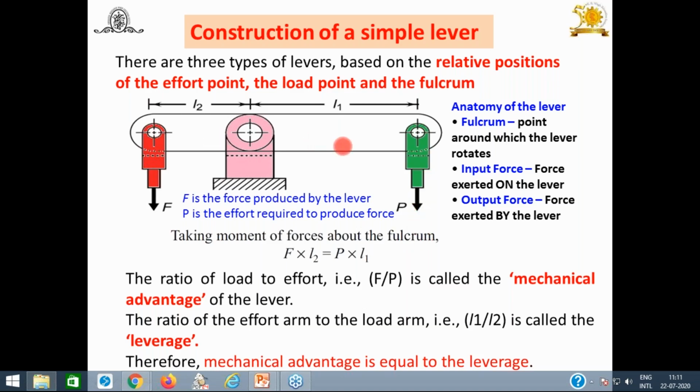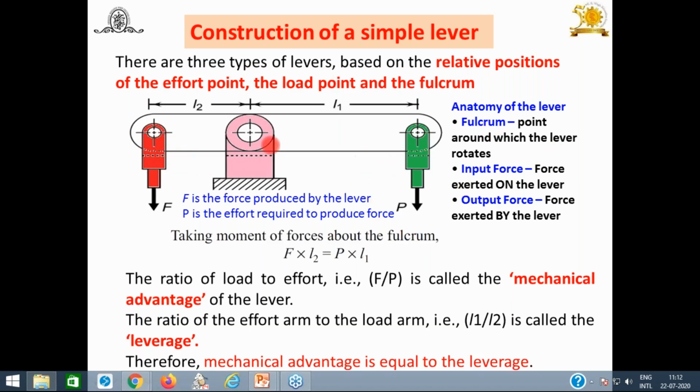This is the first type of lever. In the second type, the force is in between the pivot and the effort, and in the third case the effort is in between the pivot and the force. In this way we classify the three types of levers. It's okay, we will see it on the next slide, but before that you should know the anatomy of the lever.